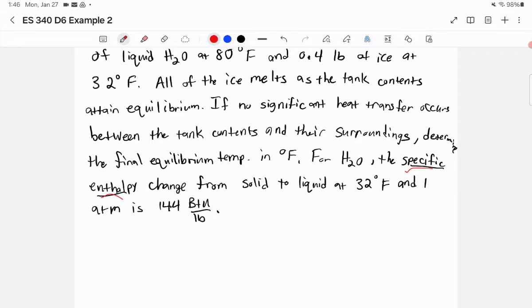Okay, so we know that at 32 degrees Fahrenheit and 1 atmosphere, delta H from solid to liquid is equal to 144 BTUs per pound.